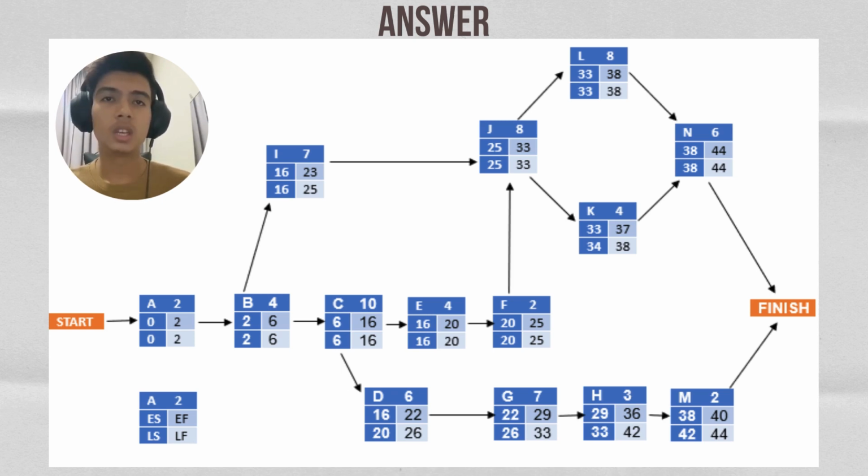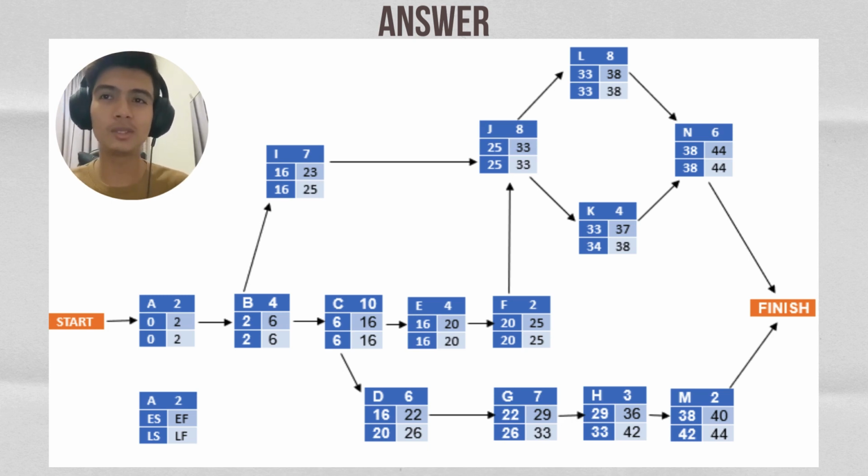From column J, there are two junctions, columns L and K. For the early start of columns L and K, we take the early finish from column J. Before we go to column N, we look at the source and the arrow, the sources from L and K, and then we need to choose the biggest finish number.